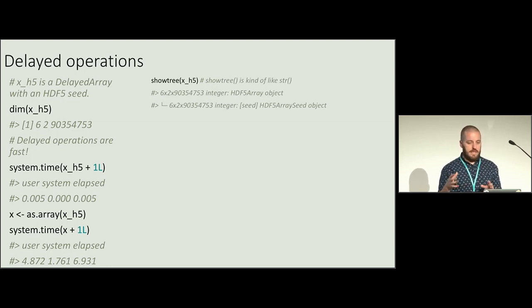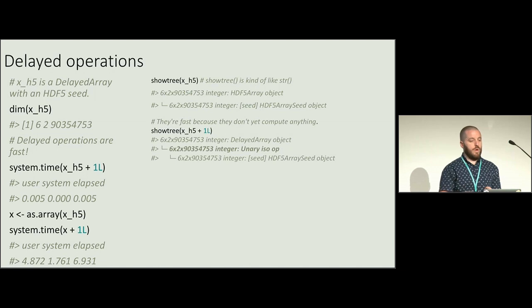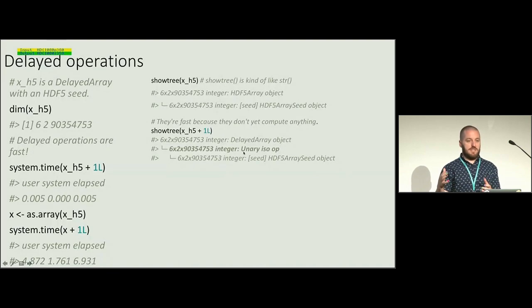So just to give you a little explanation of that, there's this show tree function, which you can think of like the str function in base R, that gives you a little bit of information about the internals of the object. So when the object you start with has this sort of tree-like structure, when we add 1 to it, you can see we've added this line here that basically registers the fact that we've added 1 to this but hasn't actually done the operation at this point.